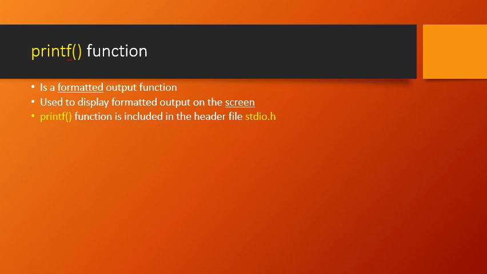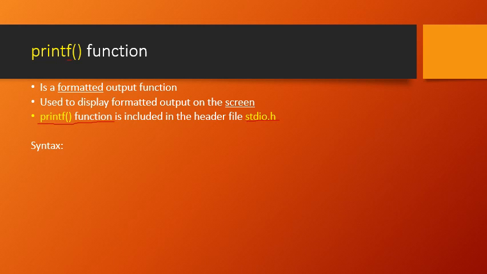As I said, printf is an inbuilt function. All the output functions are included in one header file called stdio.h. If you remember, earlier I used #include <stdio.h>. That stdio.h is a header file, and in that header file, this printf function is included.